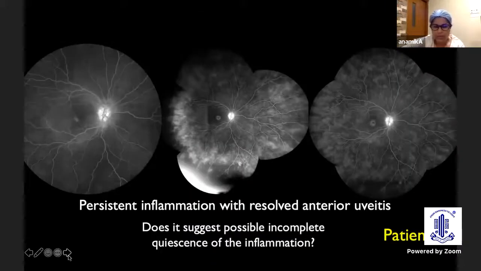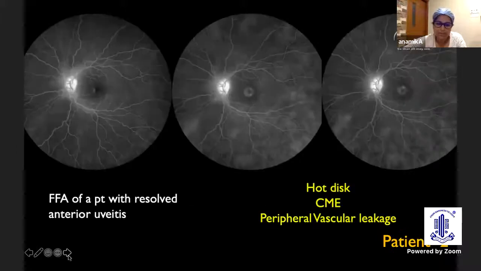Let me take you through two clinical case scenarios. For patient one, we had a patient with resolved anterior uveitis but persistent leakage. Does it suggest possible incomplete quiescence of the systemic inflammation? Because we know that about 44% of patients may have systemic involvement.